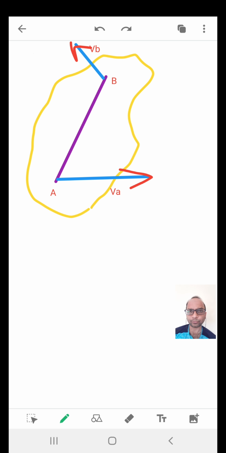So in this link we have to find out the absolute velocity of point B. In this complete link we know the magnitude and direction of absolute velocity at point A, and only the direction of absolute velocity at point B. So we have to calculate in this diagram the magnitude of the absolute velocity at point B.